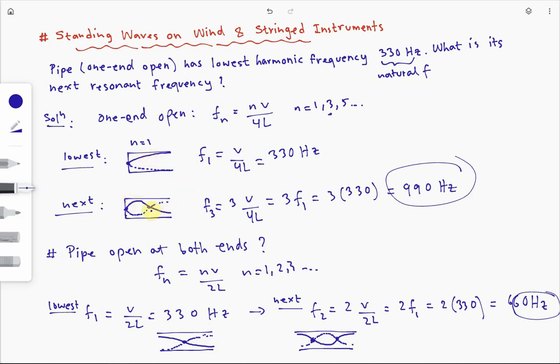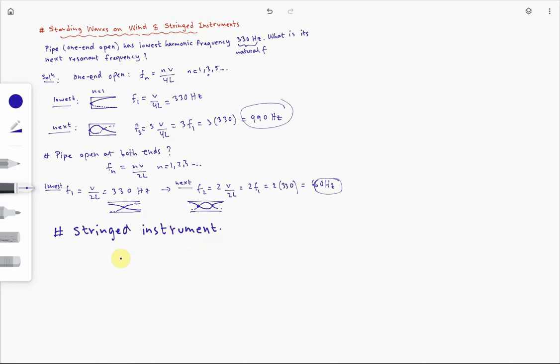Now let's look at what would happen if we choose the instrument to be a stringed instrument like a guitar or a piano. For strings, we have a situation like this. There must be nodes at both ends, right? The first harmonic looks like this. The second harmonic would look like this if we add another node in between.